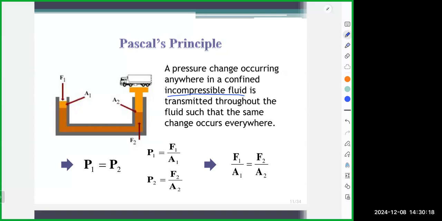For this case, I would like to neglect, omit the pressure change from gauge pressure. So right now, we assume there is no gauge pressure.